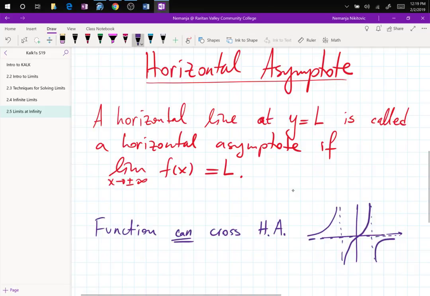The function follows the horizontal asymptote, negative infinity all the way to the left, positive infinity all the way to the right. The function bends so that it follows the horizontal asymptote. Horizontal asymptotes have to be obeyed at infinities, because that was the definition of it.